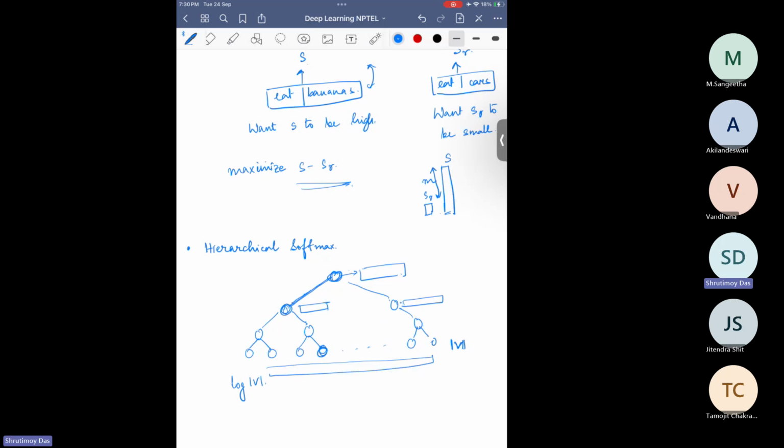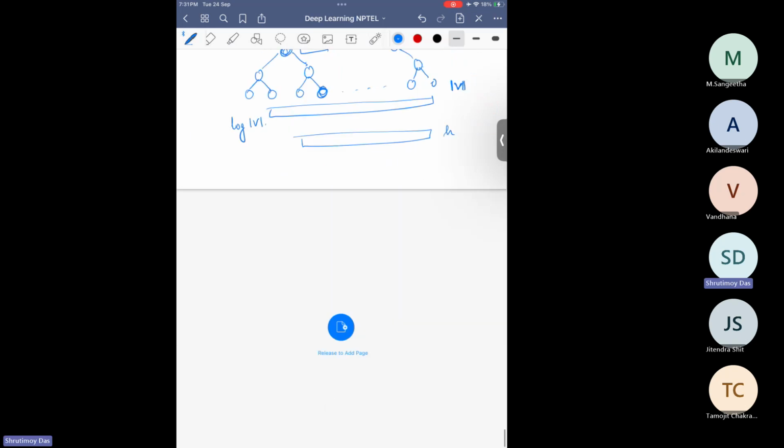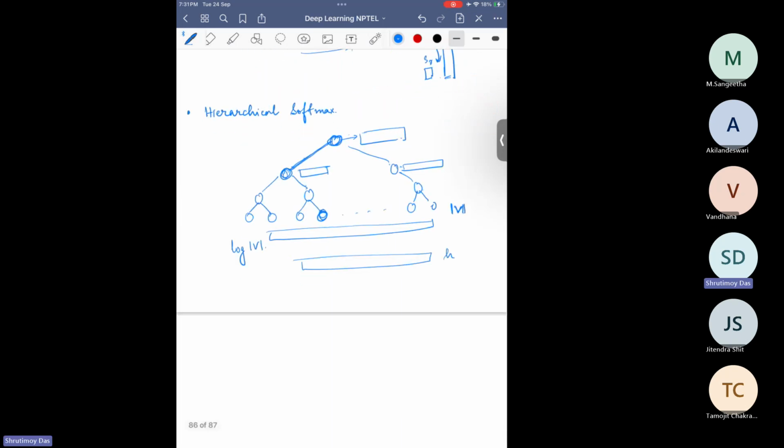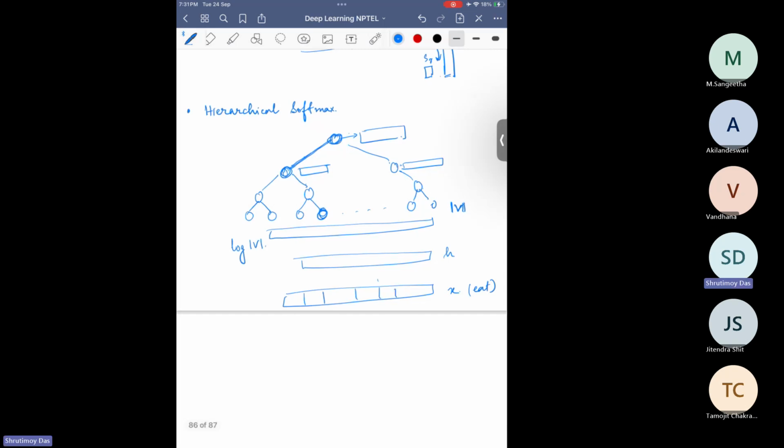We have this output layer, some hidden layer, and the input layer here. This is your X. Given some context, say my context is eat, we have some representation of eat here, and you want this to be bananas, you want this to be one. So this is a product of these things.